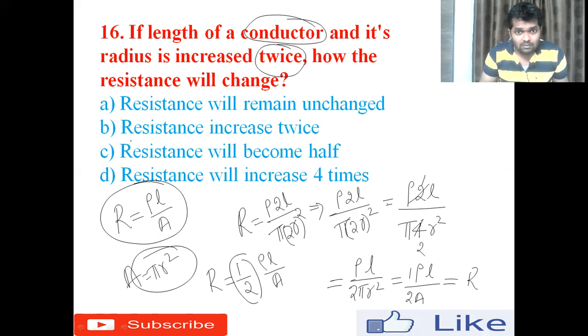So option C says that resistance will become half. Initially it was R equals rho L divided by A, where rho stands for resistivity.